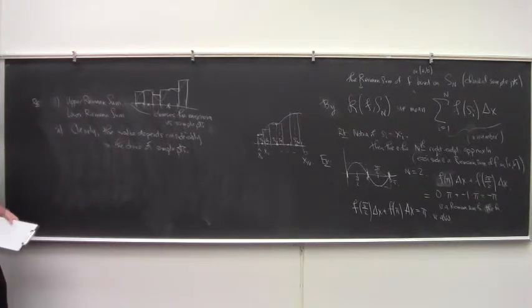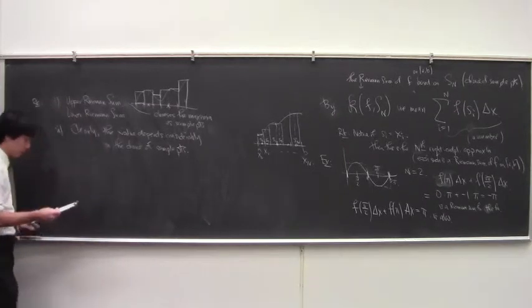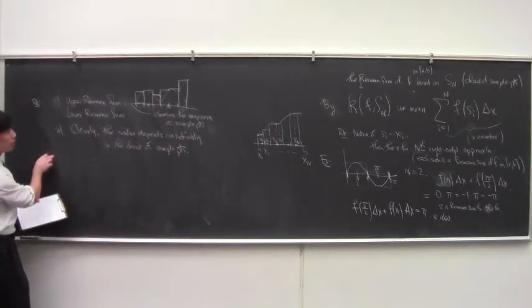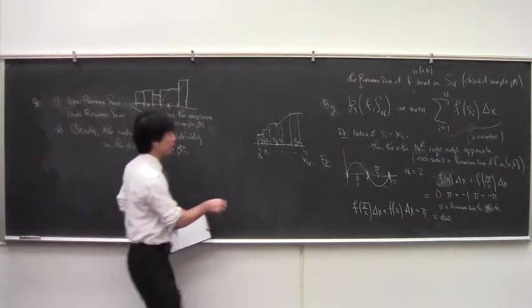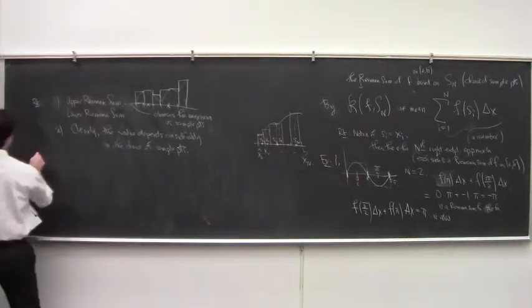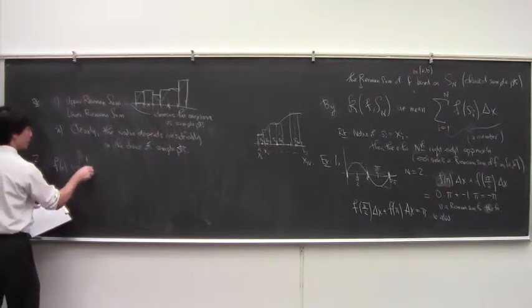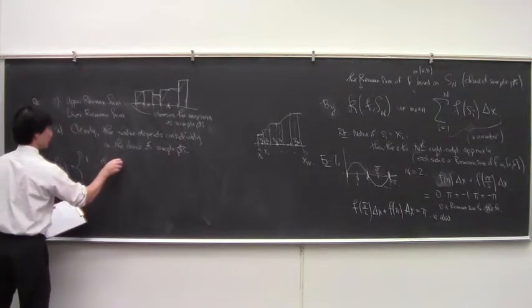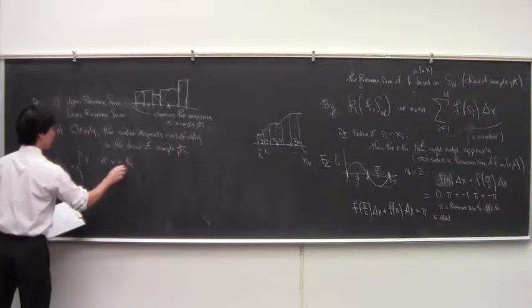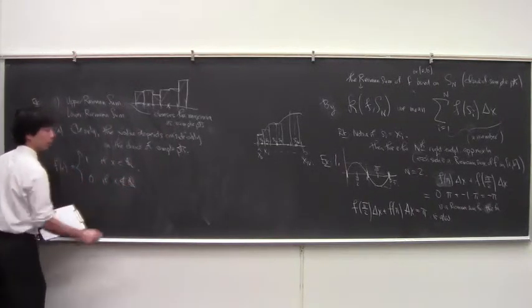Okay. And let me give you one pathological example. Example 2. We look at the function which is 1 if x is rational, and 0 if x is irrational.